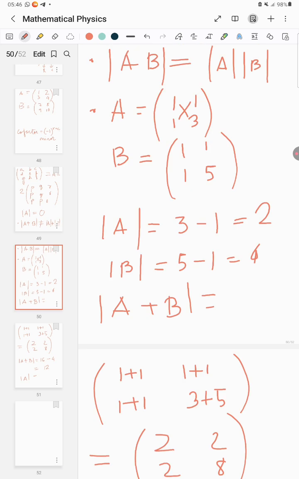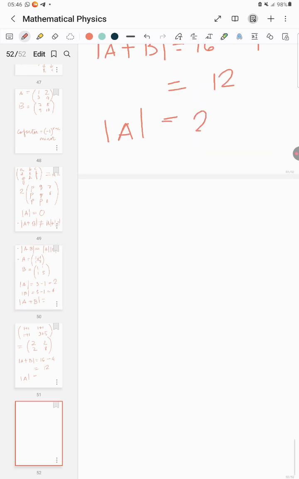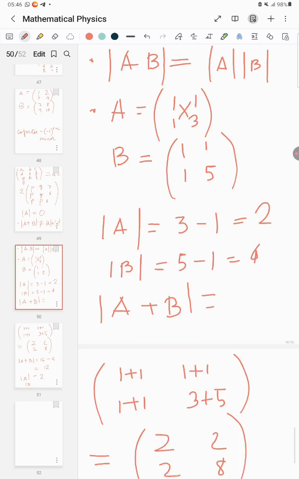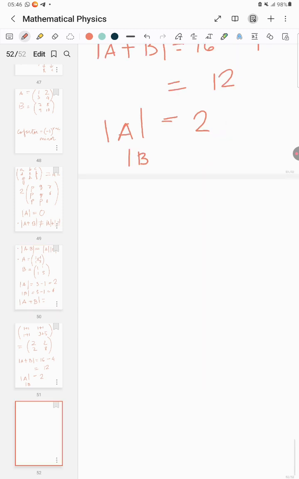Determinant of A is nothing but 2, right? And determinant of B is nothing but 4.